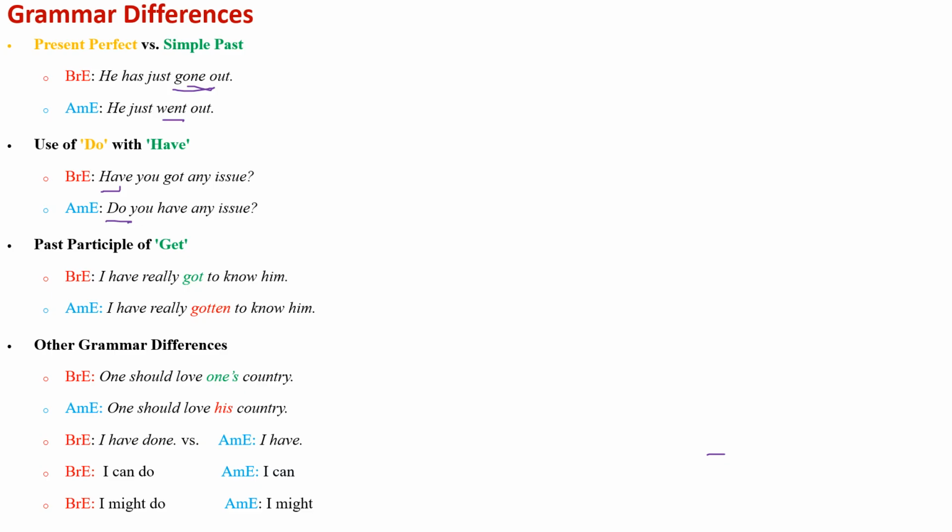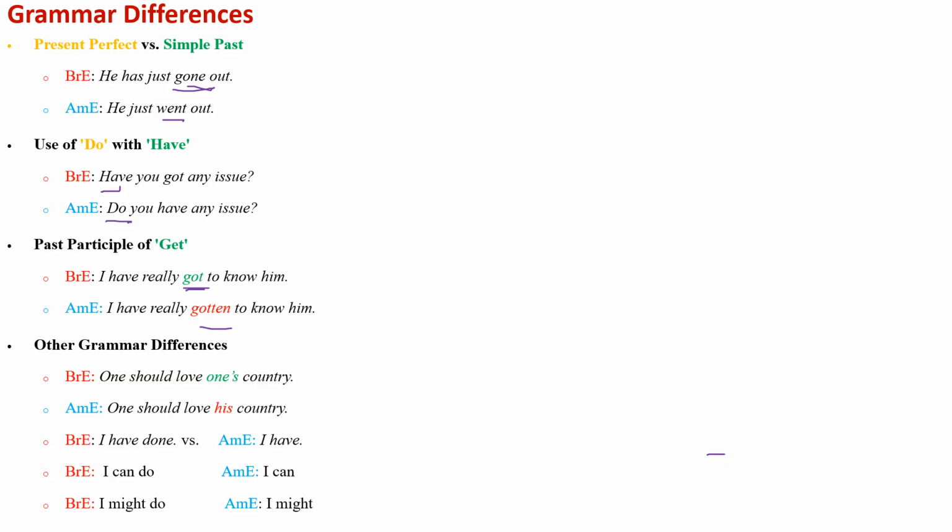Next, the American past participle of get is gotten, but it is got in British English.